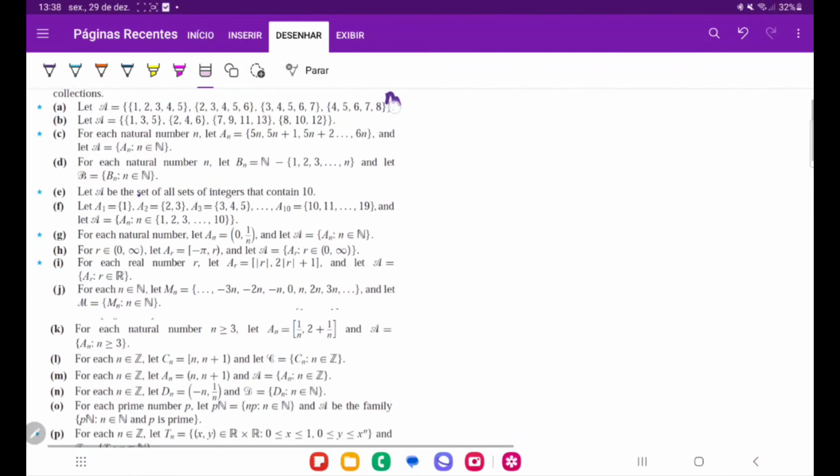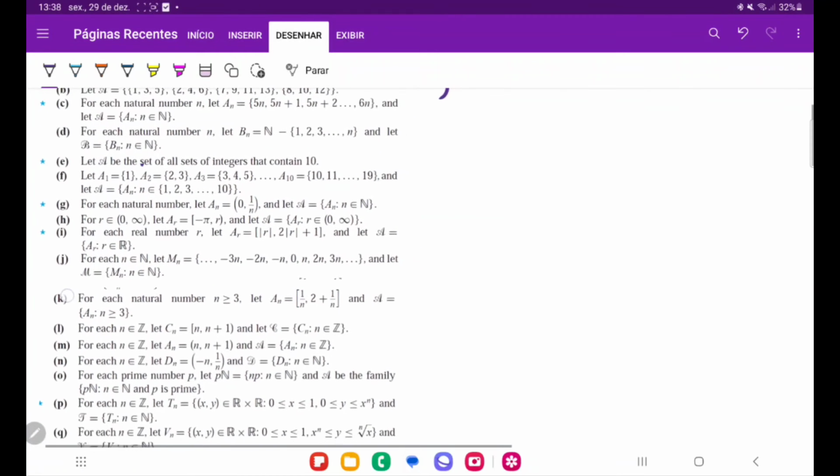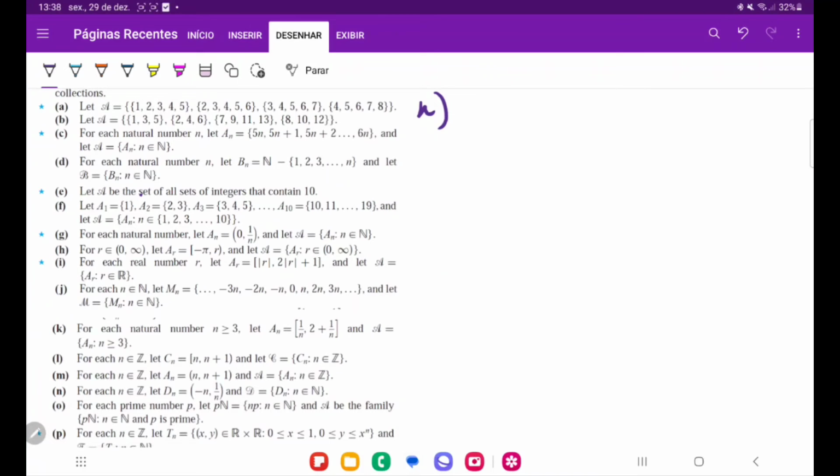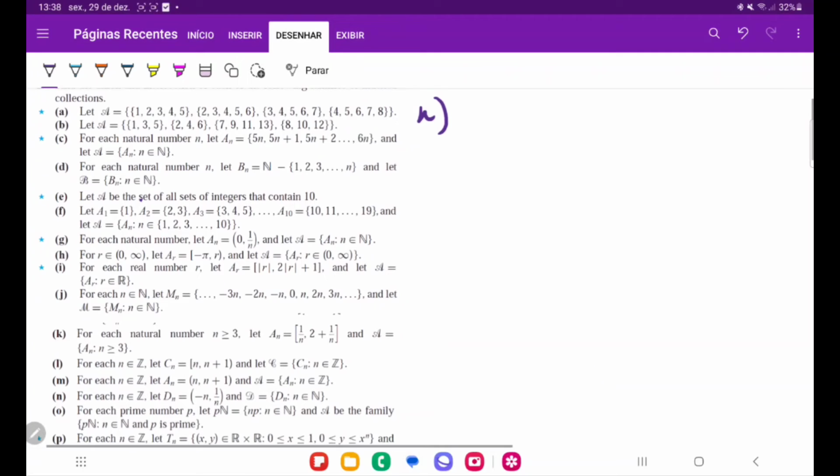So for item N, for each n belonging to the integers, let Dn be the set defined by minus n to 1 over n, where it's indexed by the integers. So we're going to go D1, D2, D3, D4, and so on.